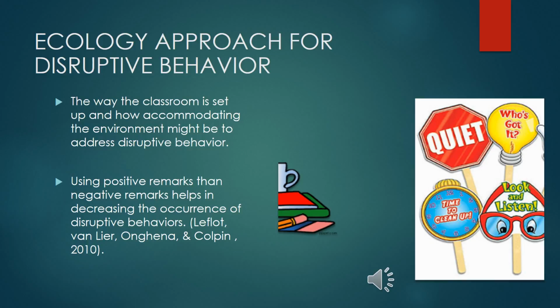They put children into different categories: the ones that were getting a lot of negative remarks, and the ones that were getting good behavioral remarks. The outcome showed that the children in the group getting praise and good reinforcement minimized the display of disruptive behavior. So it helps a lot. This is just one part of an ecological approach that one could use in the classroom to minimize the display of disruptive behavior.